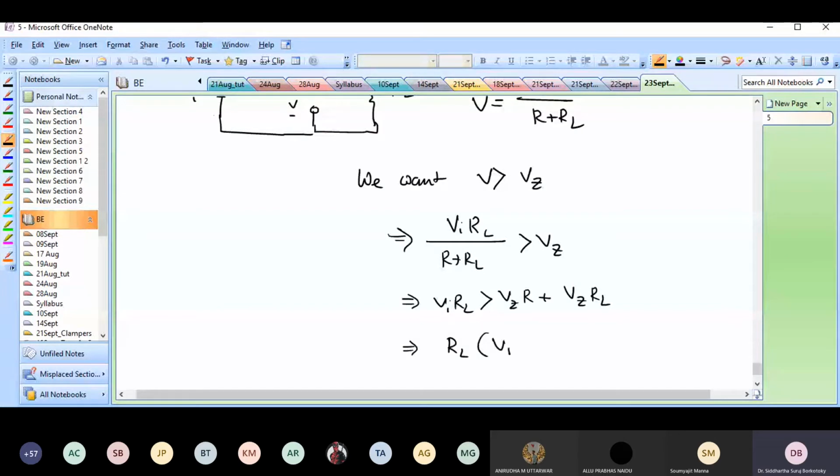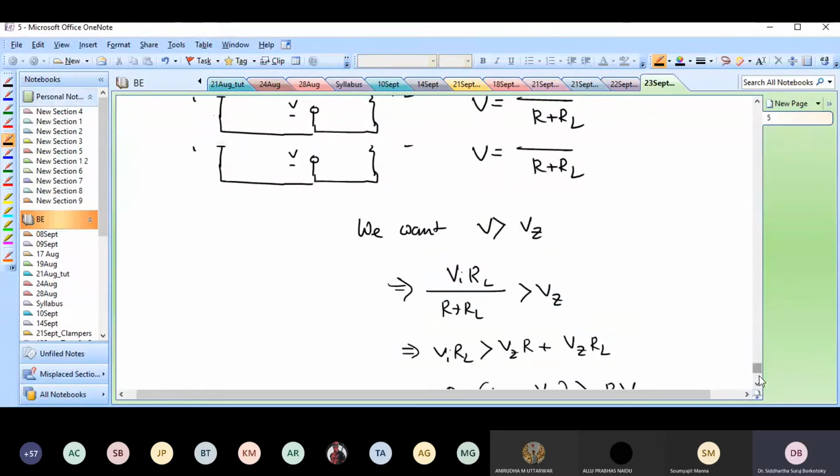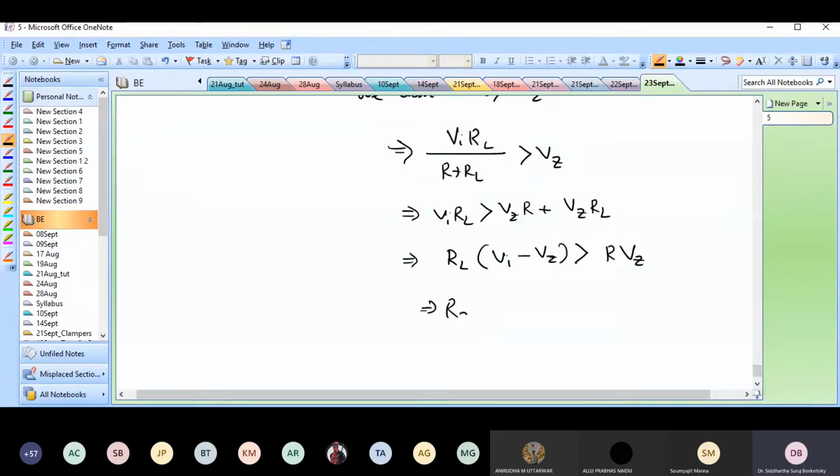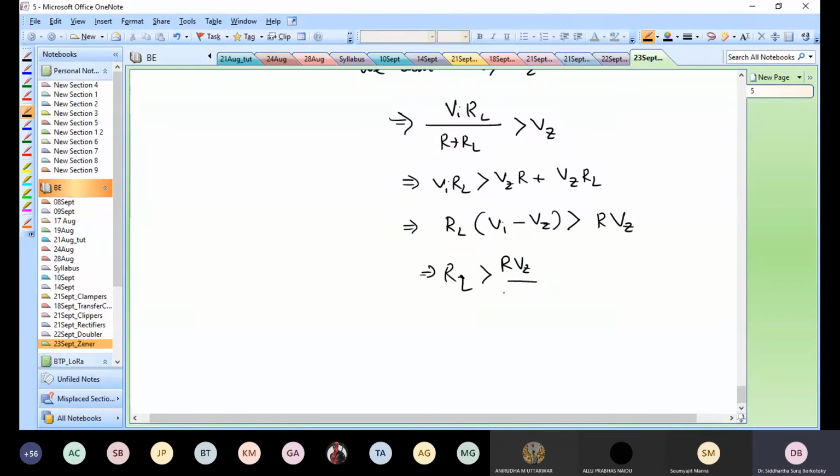So RL times Vi minus Vz is greater than R times Vz. Which means RL should be greater than R Vz divided by Vi minus Vz.